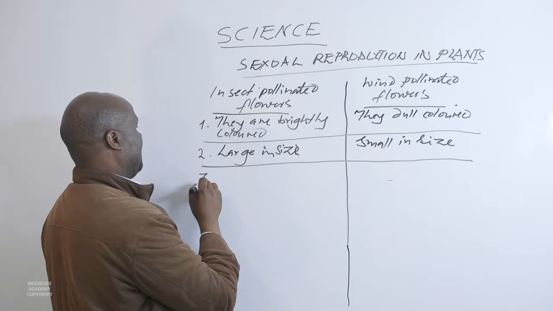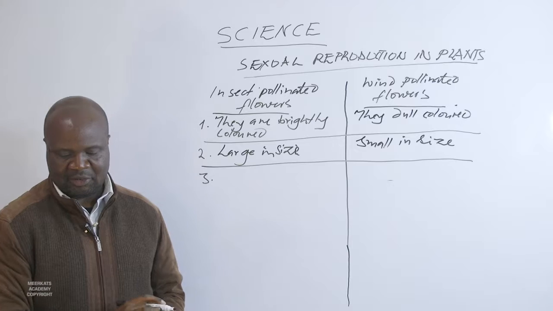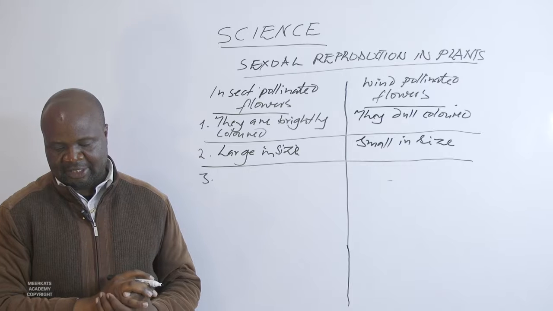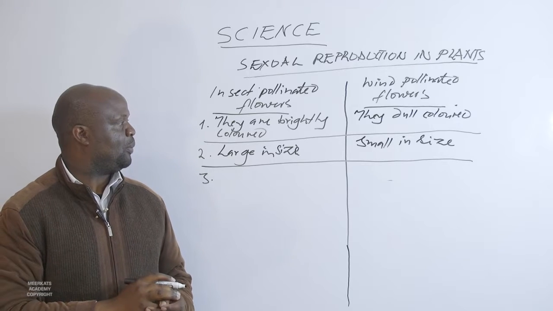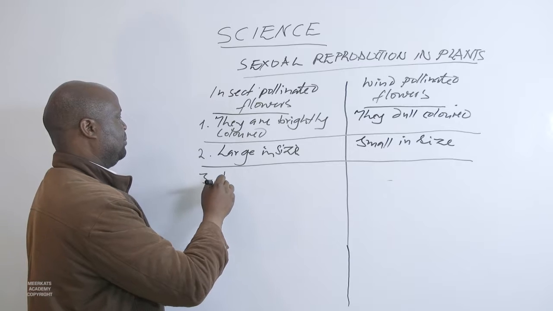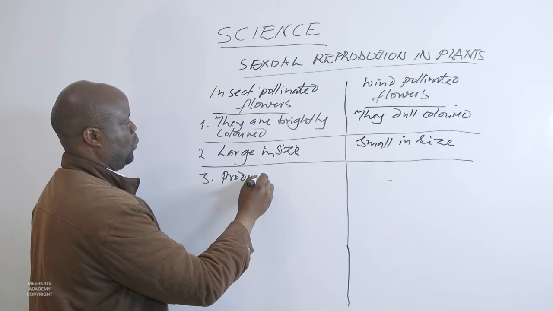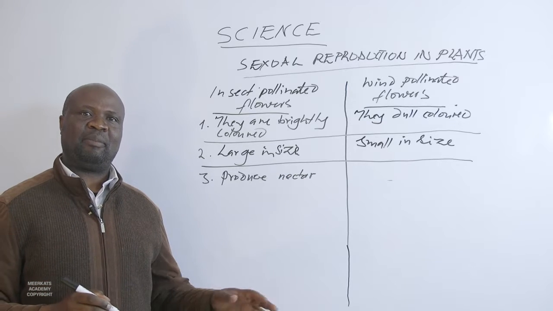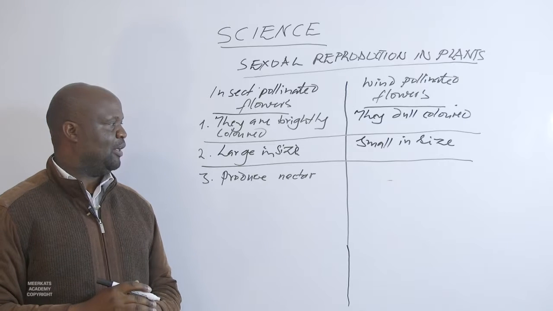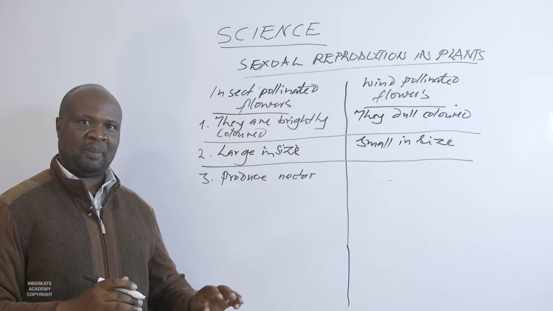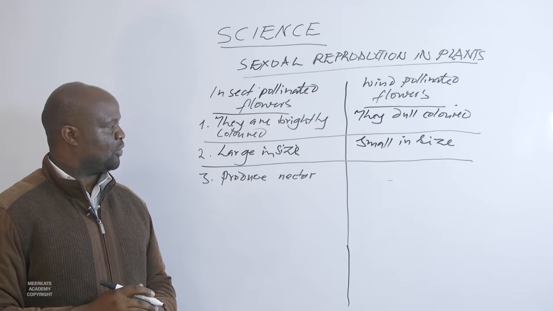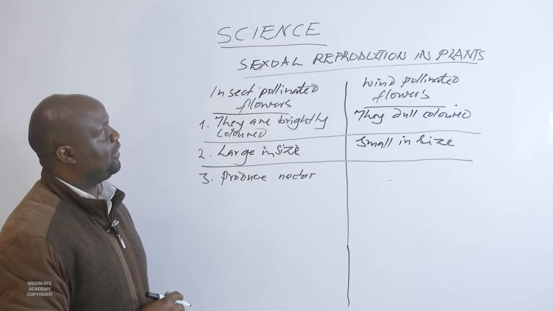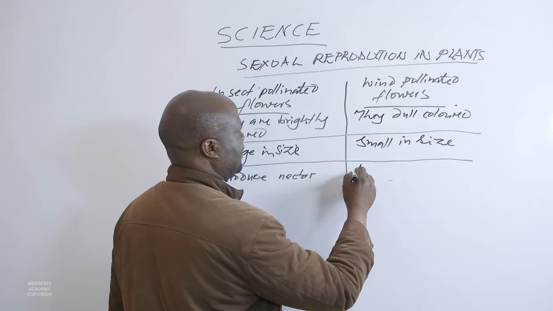The third characteristic: insect-pollinated flowers produce nectar. So they have the nectary at the base of the ovary, where the sepals meet. So they produce nectar, while the wind-pollinated flowers do not produce nectar.